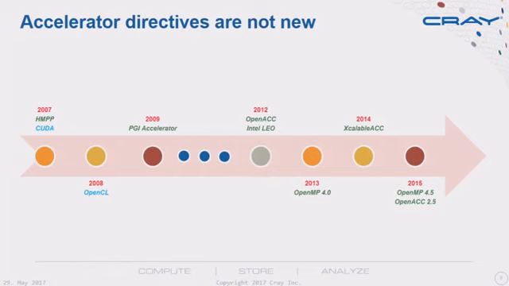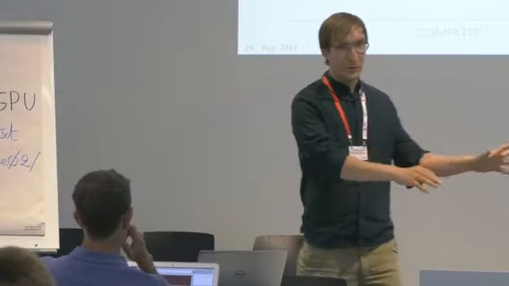Here all the green ones are the high-level ones, and the two blue are CUDA and OpenCL. I didn't plot the development of the low-level ones, but we see there were more and more different models and versions available. Where we are now is OpenACC 2.5 and OpenMP 4.5. These are the dates when the standards were released.